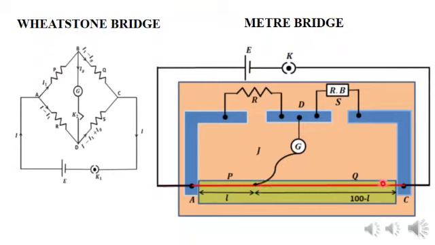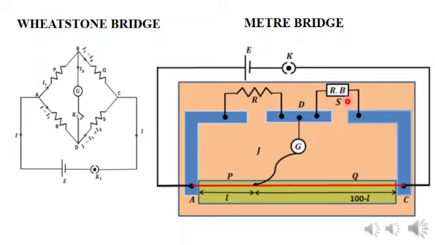The left side of the resistance wire is considered as resistance P, and the right side of the resistance wire is considered as resistance Q. The unknown resistance on the left top is considered as resistance R, and the known resistance on the right top is considered as resistance S.